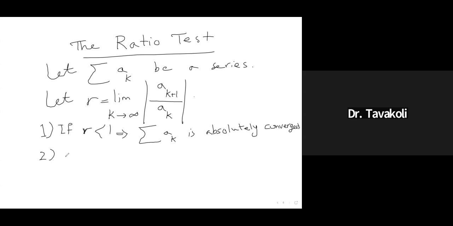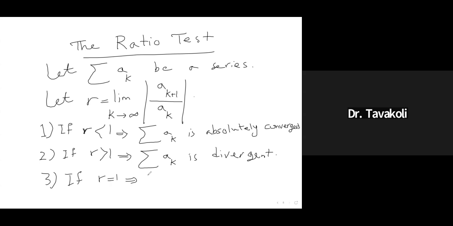If R happens to be more than 1, then the series of a_k is definitely divergent. And if R equals 1, then the ratio test doesn't help. The ratio test is inconclusive.